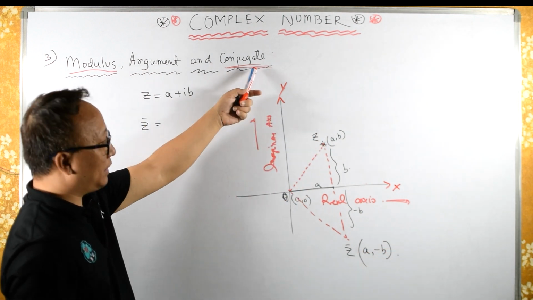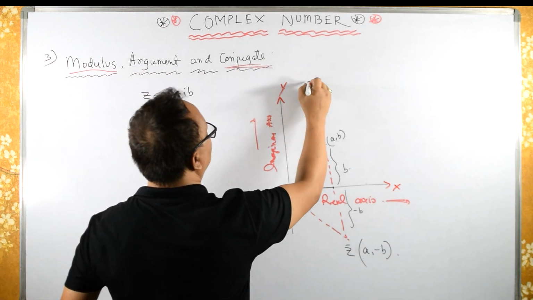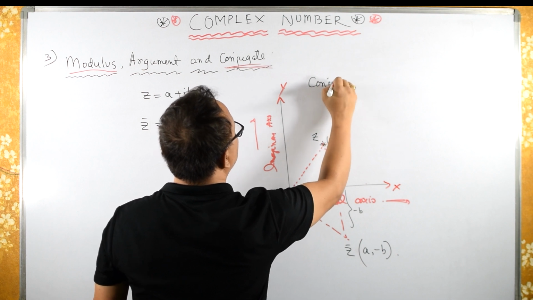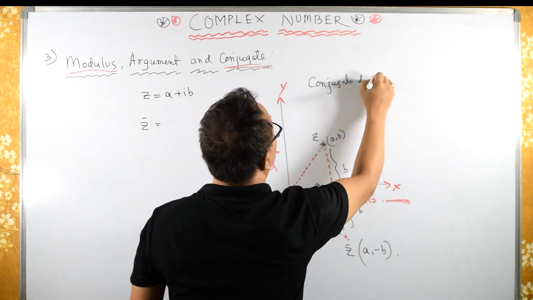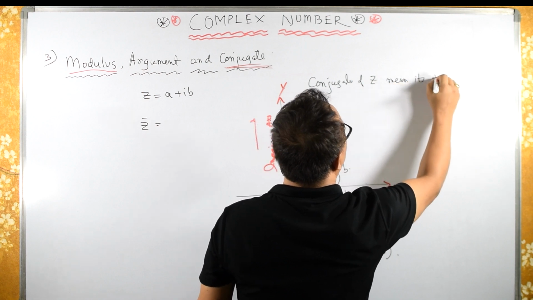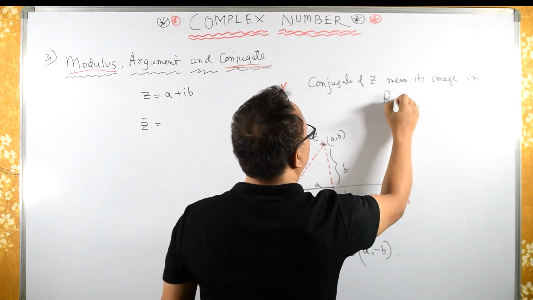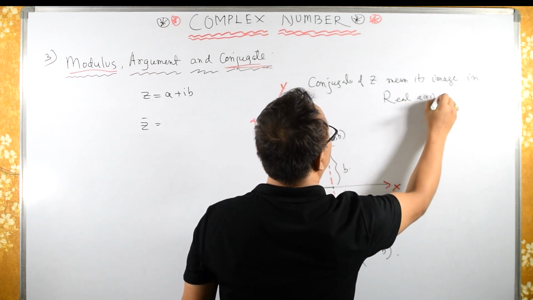Therefore, conjugate of z means its image in the real axis.